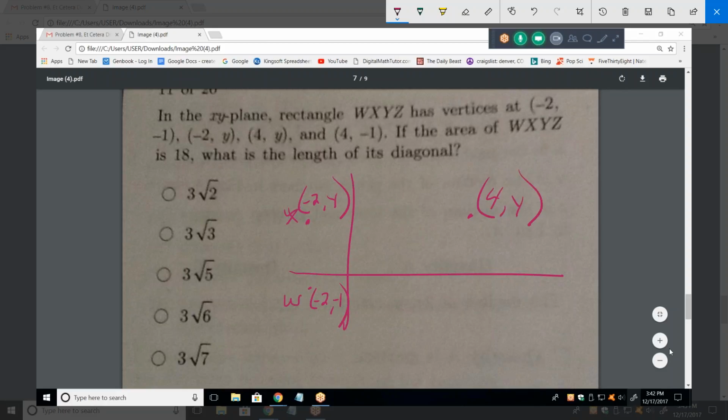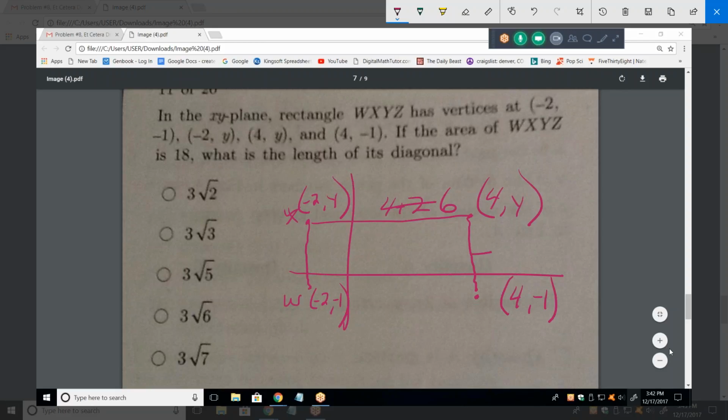In other words, now we know both dimensions. We know that dimension, which is 4 plus 2. Let's just label it 4 plus 2, that's 6. And if we put the fourth one on there, we will be able to figure out that dimension. That's 4 comma minus 1.